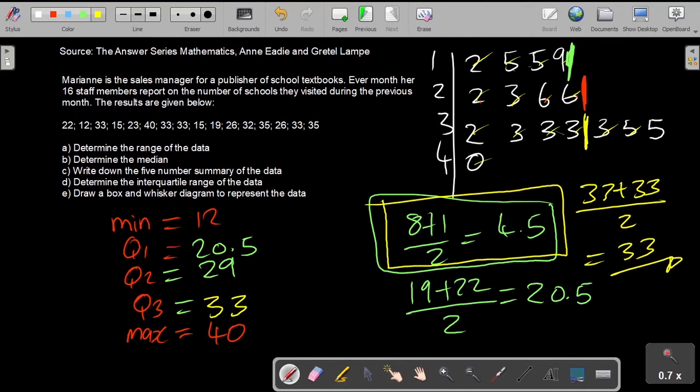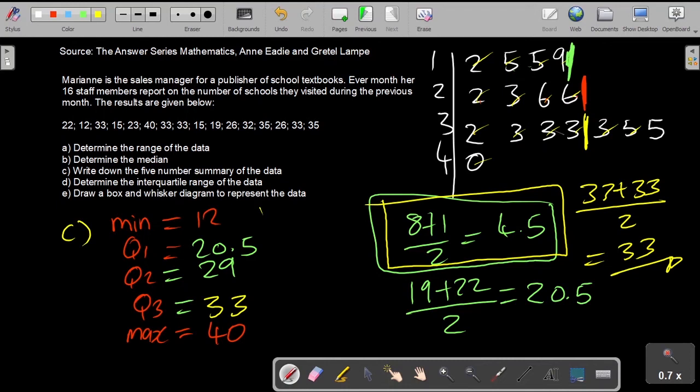So for Q1 and Q3, you just have to find the median of the divided data set. So the median divides everything, and Q1 and Q3 divide either of the halves that you form after making this initial division. So we now have the 5-number summary, and that was question C.